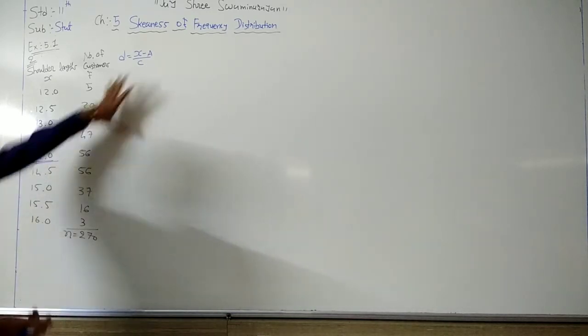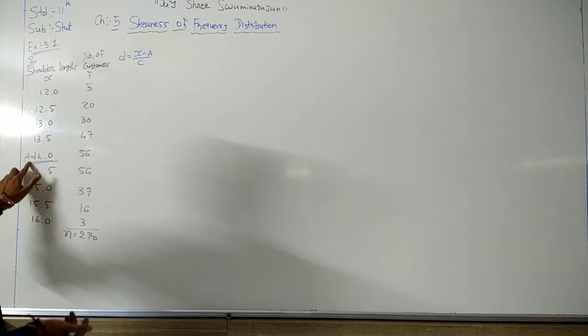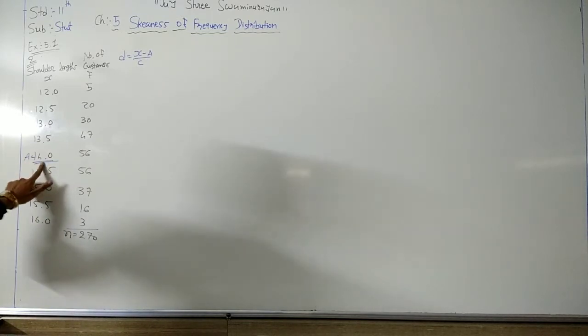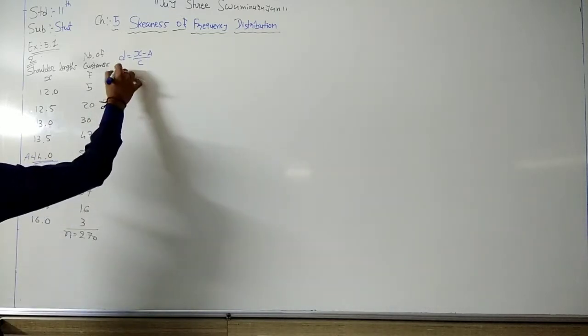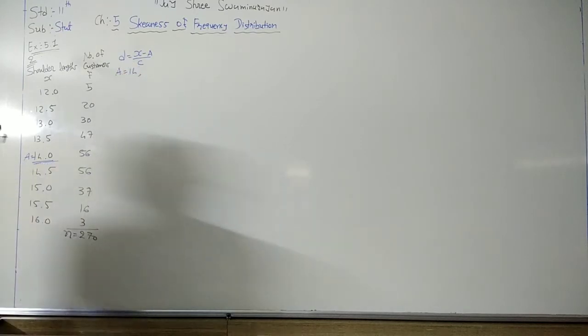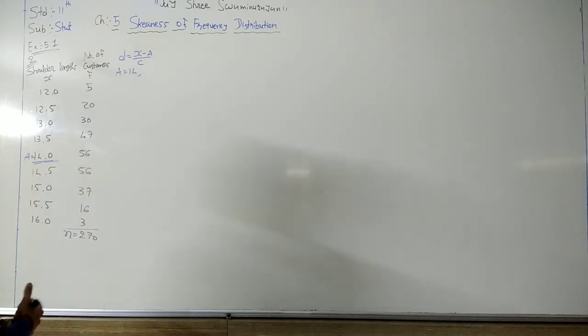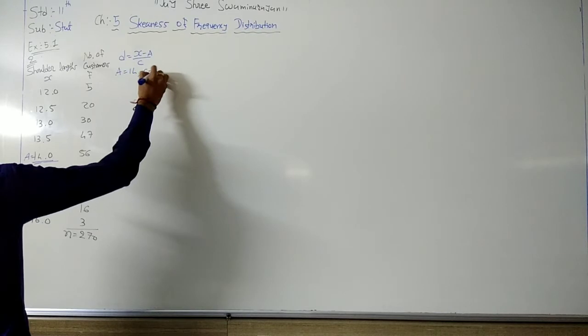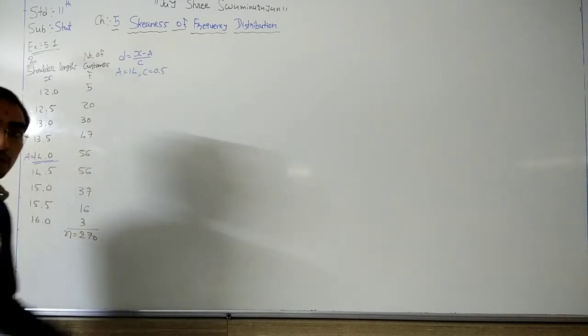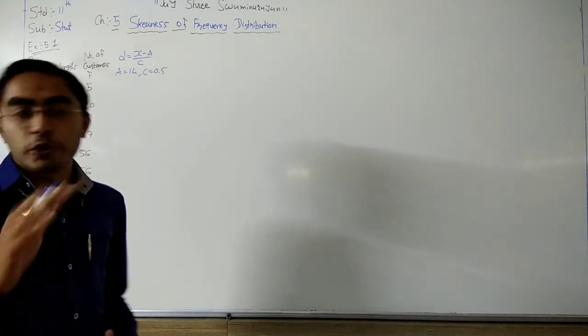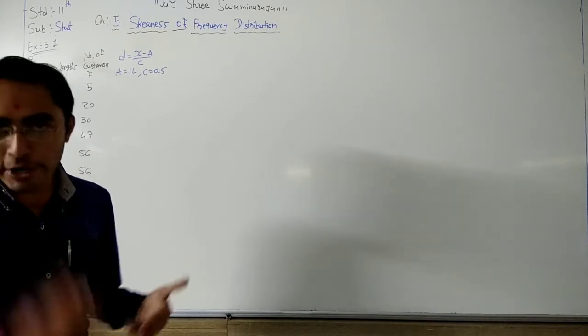So here I just assume A is equal to 14, and if I want to remove these decimal points, I just need to take C is equal to 0.5.